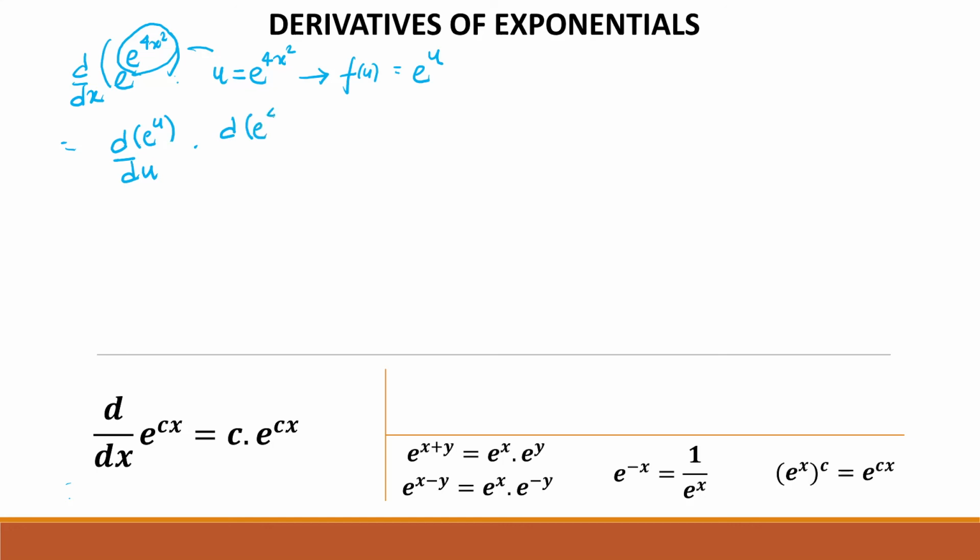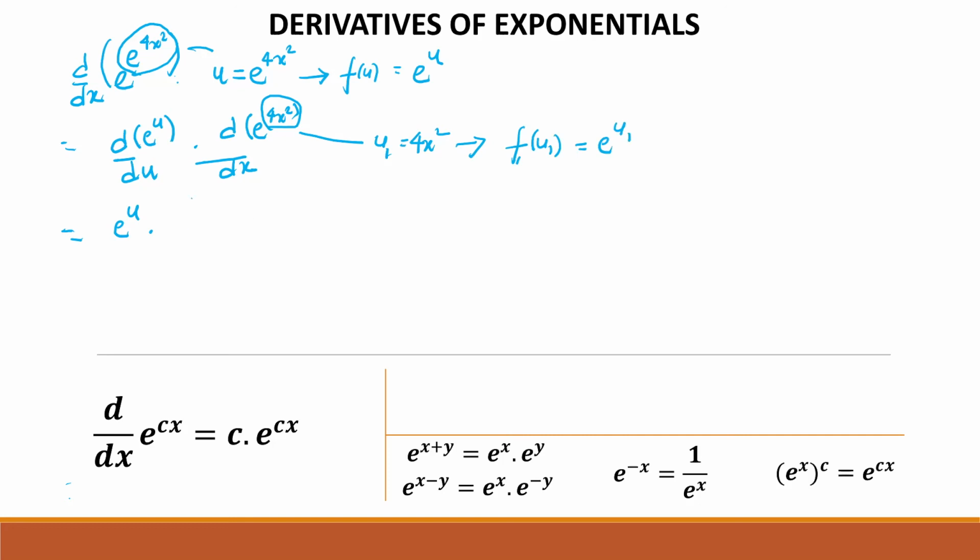That is e to the power 4x squared divided by dx, which would be equal to e to the power u times the derivative of e to the power 4x squared. Let's say in this term, we put this whole variable into u1 equal to 4x squared. Then our function f1 with respect to u1 would be e to the power u1 again.